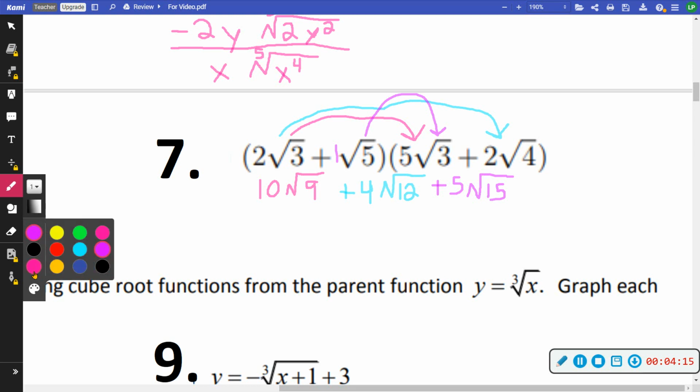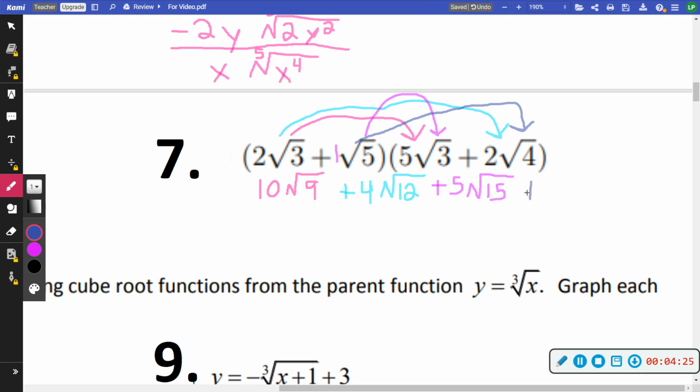And finally, I would take square root of 5 times 2 square root of 4. So 1 times 2, that'd be 2. And then 5 times 4 would be 20.